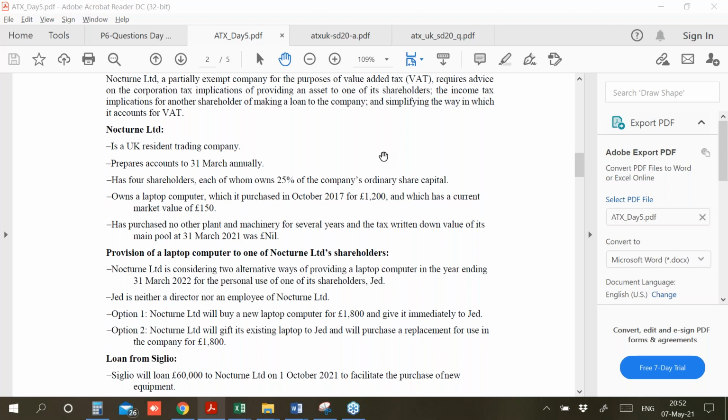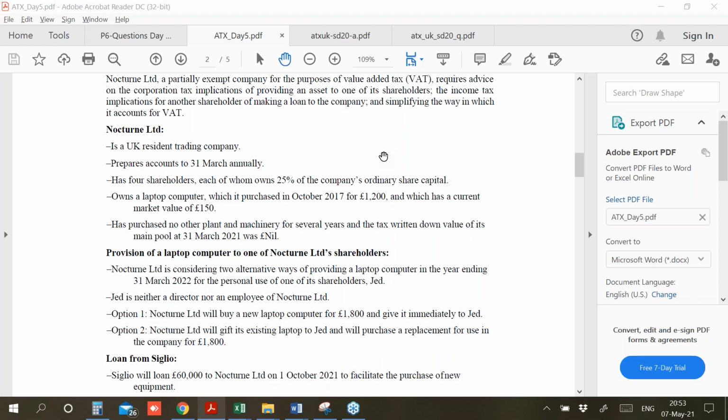I've told you in, I guess, either yesterday's lecture or before that, that if a company buys an asset not for their trading purposes, rather for one of their shareholders, the disadvantage to the company is that they are unable to claim any capital allowances on it. So that is one disadvantage for the company.